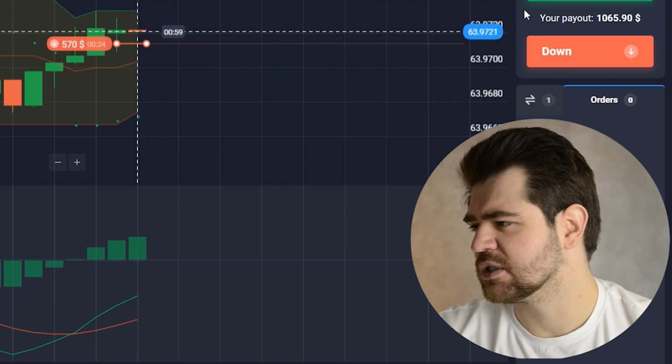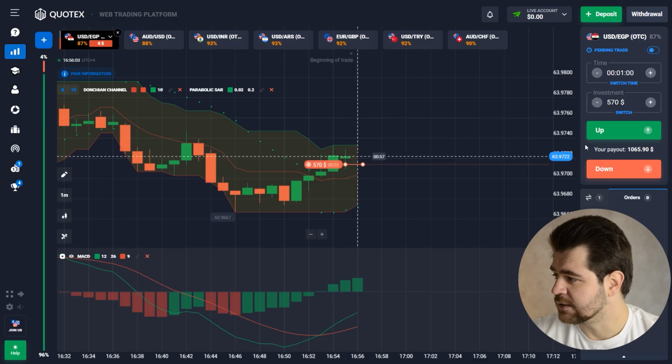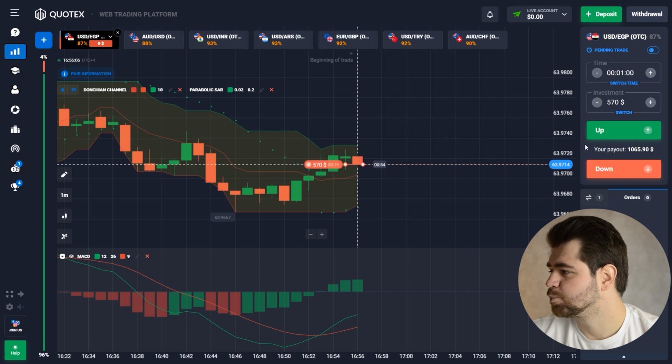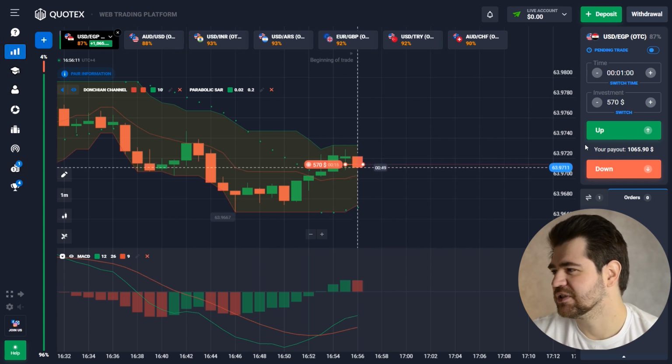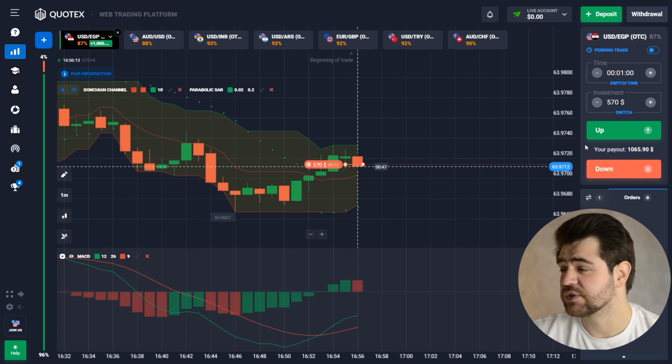Let's call it a zone because it's not a clear level, and enter into this pullback where we can profit from. So that's the idea. Let's wait for the result and continue.